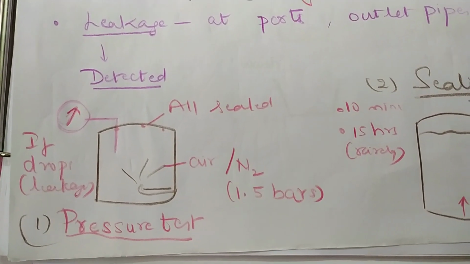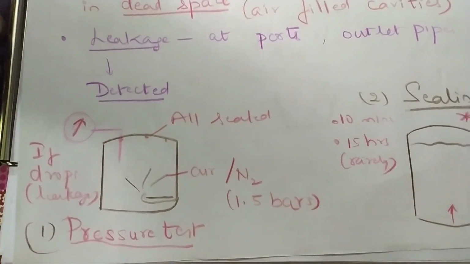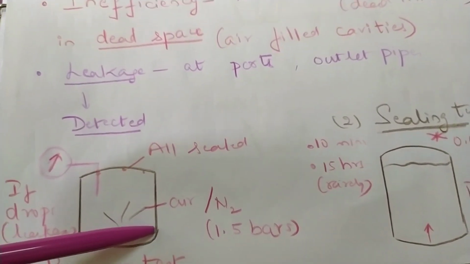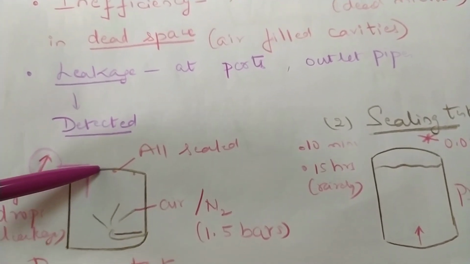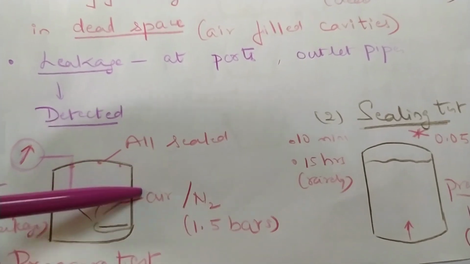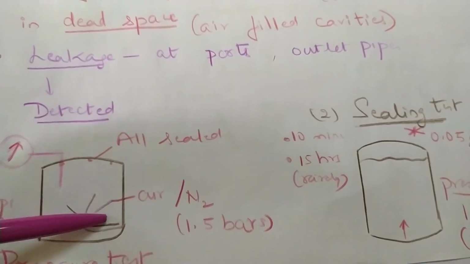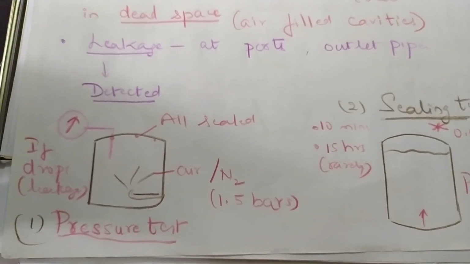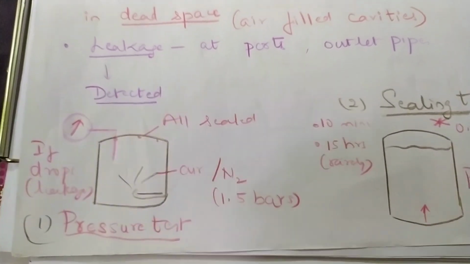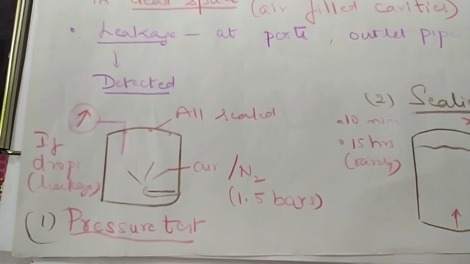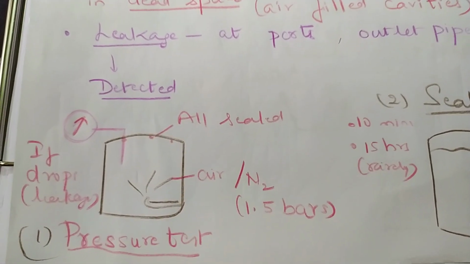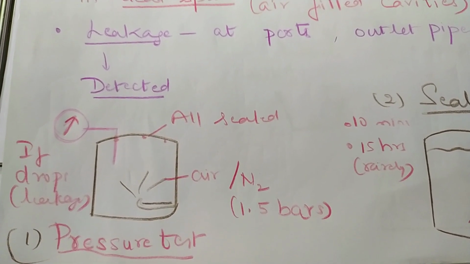So there's a pressure test. What is a pressure test? In the pressure test, they pump air or nitrogen gas into the spargers, in closed conditions, with everything sealed. There's a pressure gauge connected also. You give a high pressure of 1.5 bars, and if the pressure is maintained, there is nothing wrong.